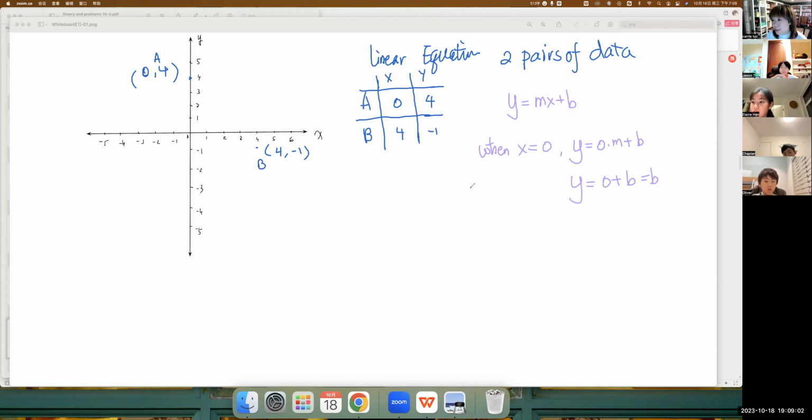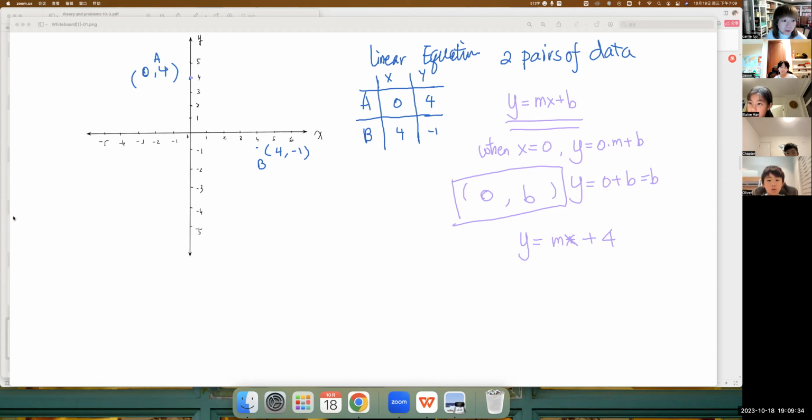So if x is 0, the point is (0, b). That means this line must go through (0, b). So if you have a point located on the y-axis, this number is exactly equal to b. So immediately we can have y = mx + 4. Get it?